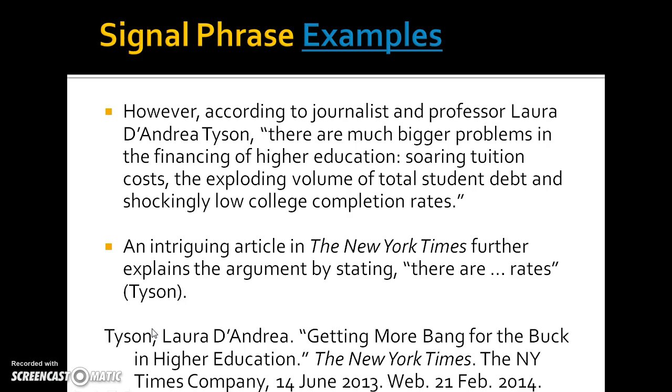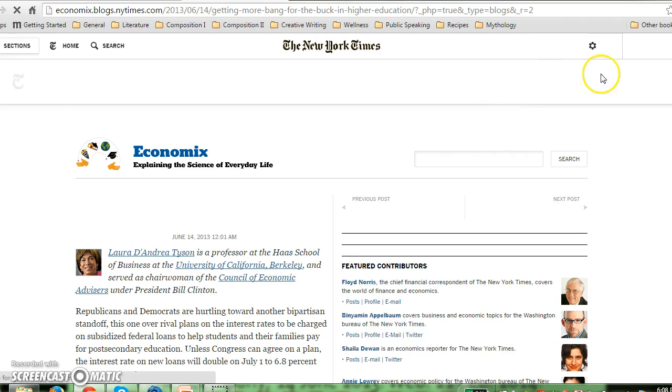Now, if we wrote instead an intriguing article in the New York Times further explains this argument, we would have to include Tyson at the end because we have not included it in the sentence. So Tyson has to be in there somewhere so that we can reference the correct source on the works cited page.